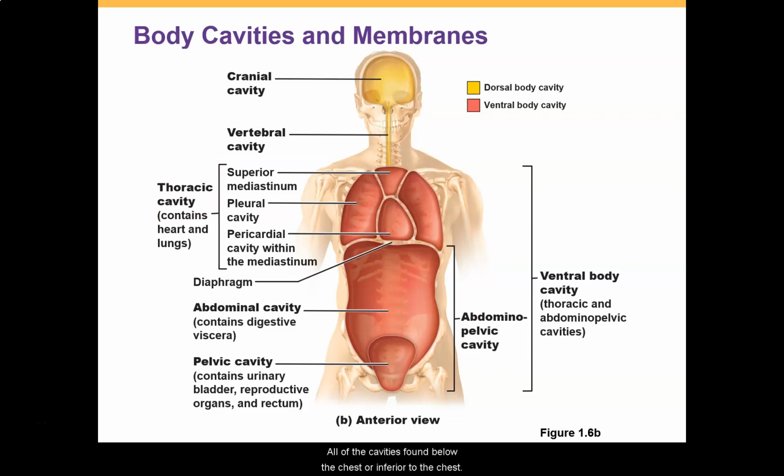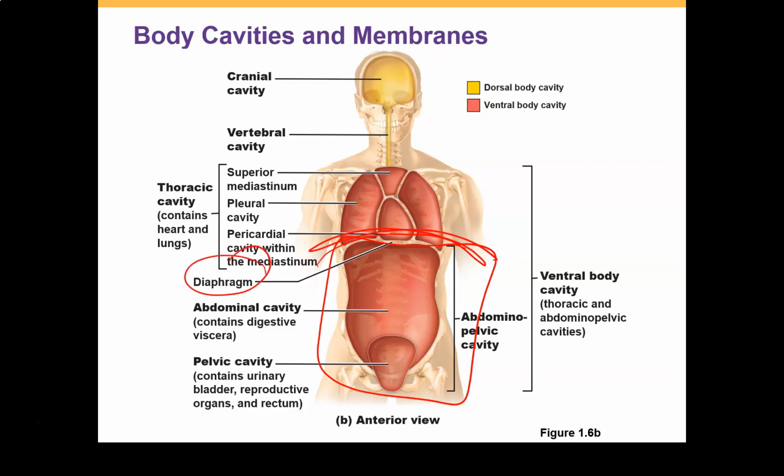All of the cavities found below the chest, or inferior to the chest. In fact, there is a muscle here known as the diaphragm. It is one of our primary breathing or respiratory muscles that we will talk about in the respiratory system. Superior to the diaphragm, let's begin using our terminology.